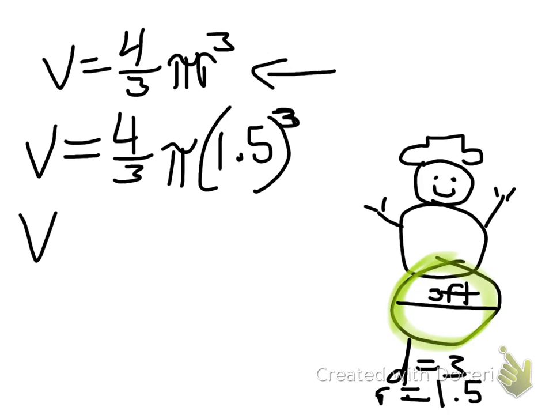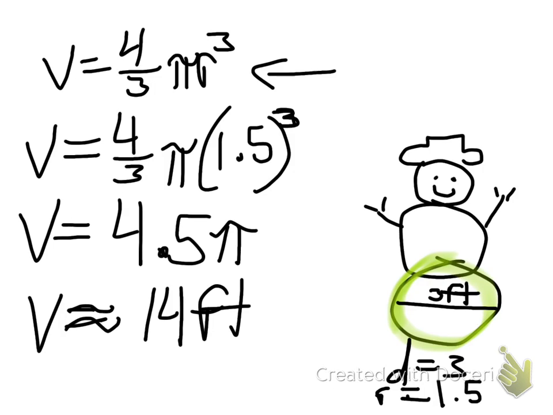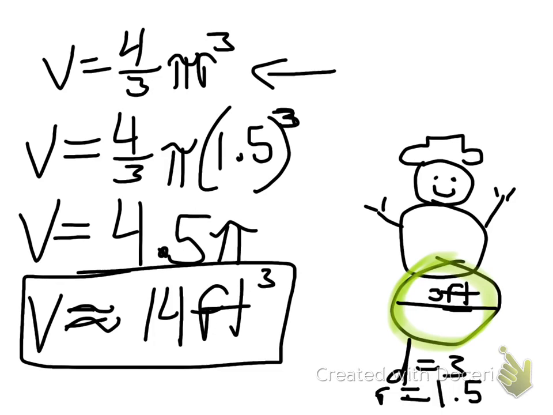So my volume equals 4/3 times pi times 1.5 cubed. That is 4.5 pi then. Let's plug in 3.14 for pi. So our volume equals about 14, and it's feet cubed. Volume is always going to have the cubed at the end.